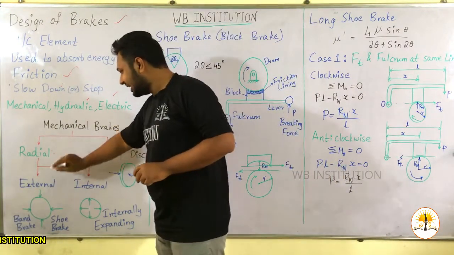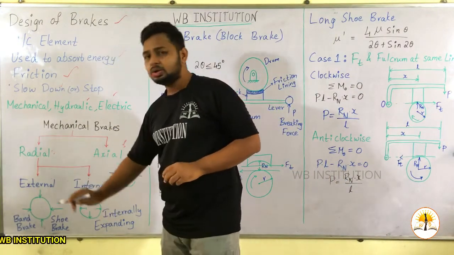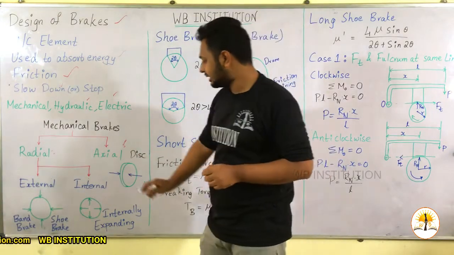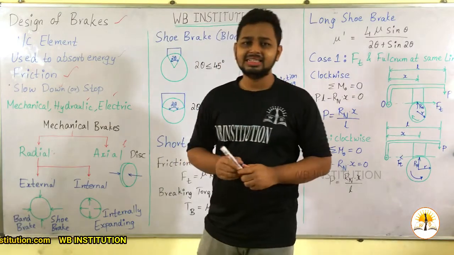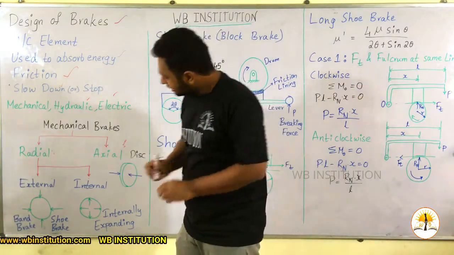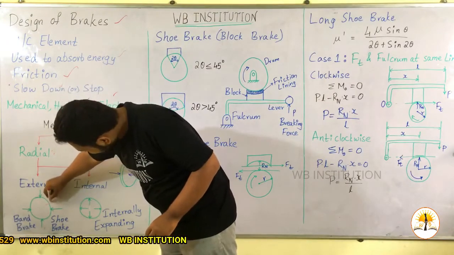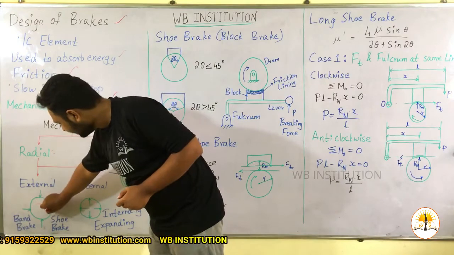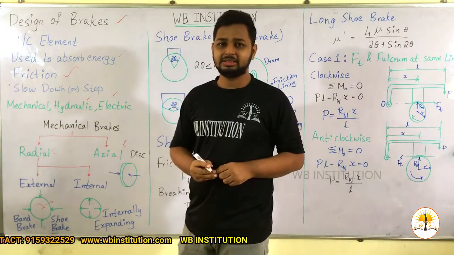Again these radial brakes are classified into two types: external radial brakes and internal radial brakes. For external radial brakes, let us assume a circular object which is rotating either clockwise or anti-clockwise.